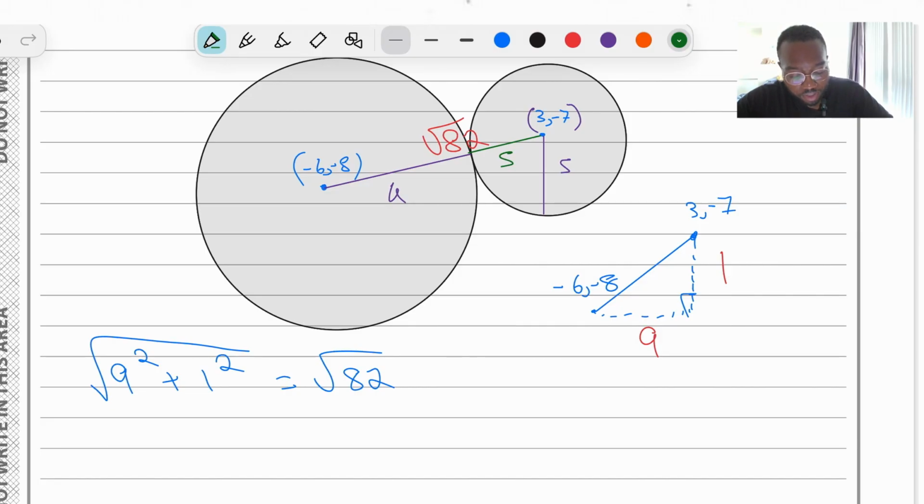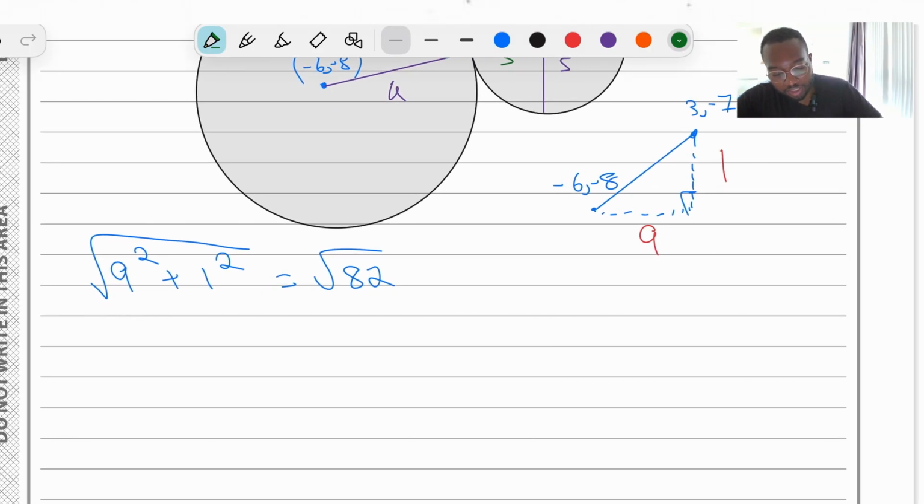We know that the other circle C2 must have a radius of k. But we know that total length has to equal root 82. Therefore, right here, k plus 5 has to equal root 82.